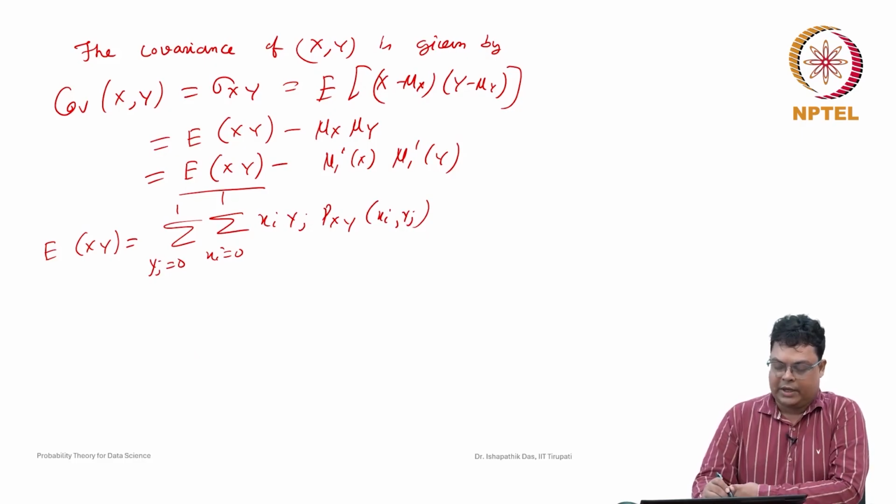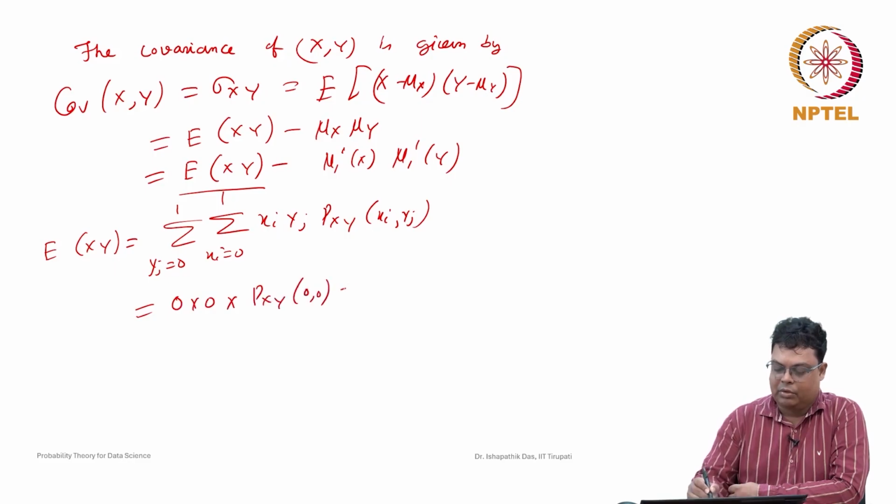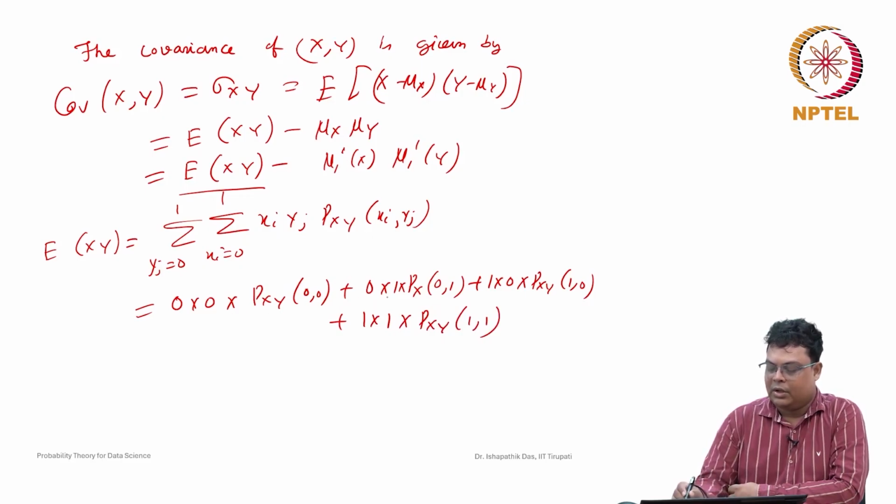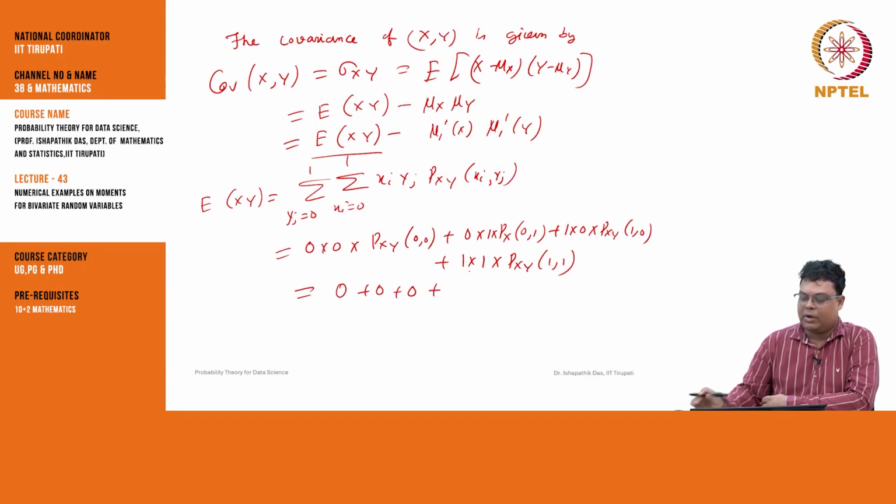So this is 0 into 0 into pxy of 0 0 plus 0 into 1 into pxy of 0 1 plus 1 into 0 into pxy of 1 0 plus 1 into 1 into pxy of 1 1. Note that whatever the values of the other probabilities, we need not compute them because they are multiplied by 0 and become 0. So this is 0 plus 0 plus 0 plus 1 into 1 into pxy of 1 1.